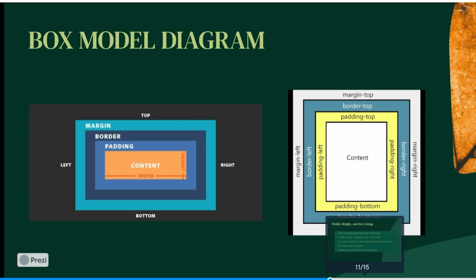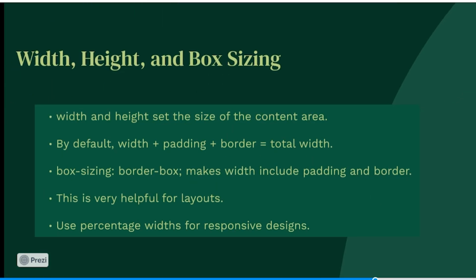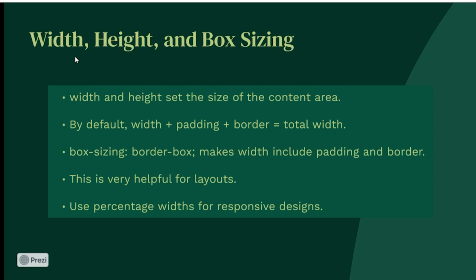This is the box model, and now width, height and box sizing. Sometimes we need to control the size of an element. For that we use the width and height properties. We can also use box sizing to make a layout easier to manage.